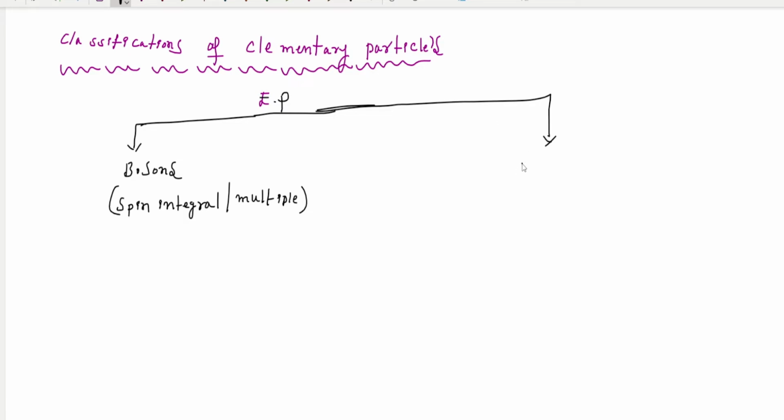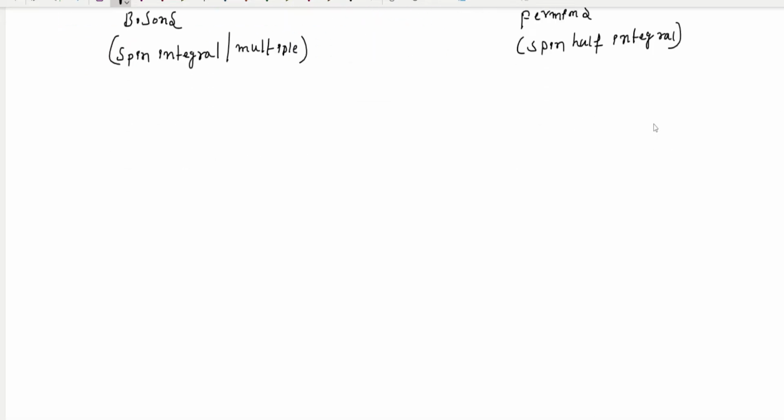Next, fermions. These have half-integral spin. So the bosons follow the Bose-Einstein distribution function, and fermions follow the Fermi-Dirac distribution function.